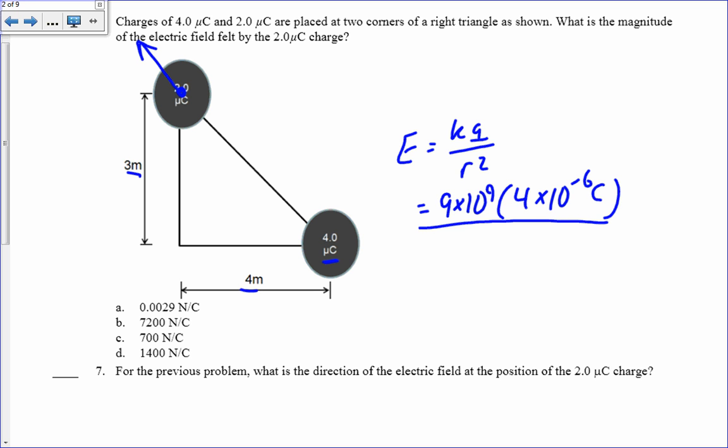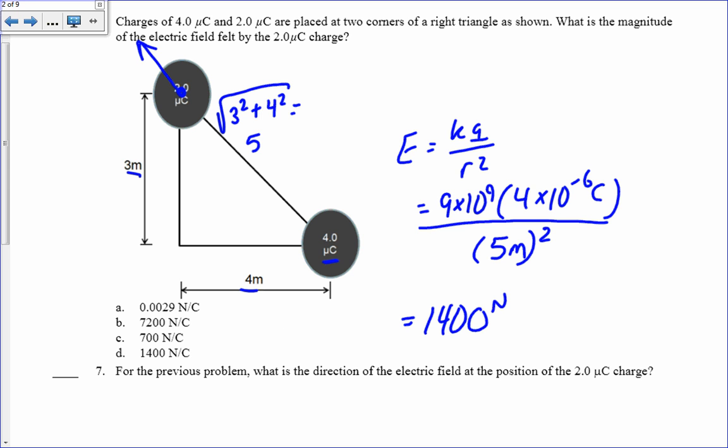This is a 3, 4, 5 triangle. That's the square root of 3 squared plus 4 squared, which is 5. So it's over 5 meters squared. That gives me 1.4 times 10 to the 3rd. That's 1,400 newtons per meter.